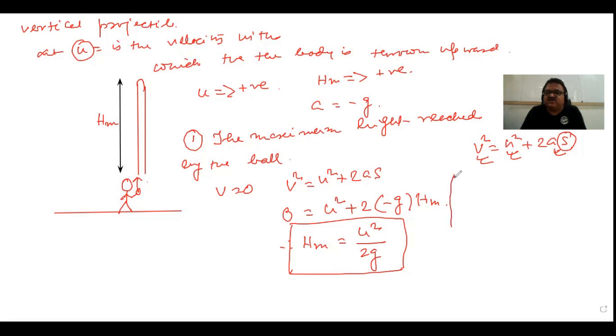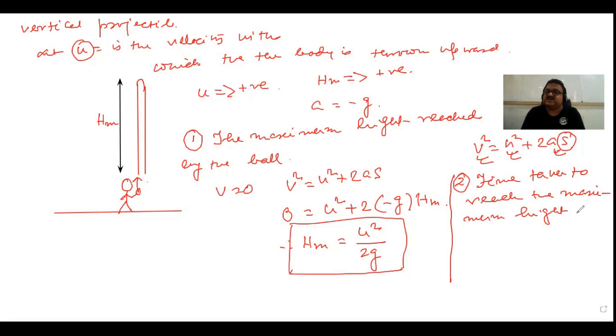So this is number 1. Now let us try to find out number 2. What is that? Time taken to reach the maximum height. Let us consider this as T1.